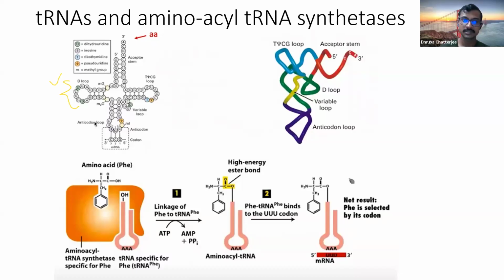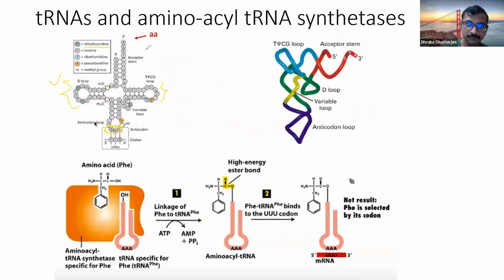This leads to the formation of different structures: the anticodon loop, with the three-nucleotide anticodon sequence, which is a specificity determinant that can specifically bind to a certain codon of the mRNA and incorporate one particular amino acid residue in response. Then there are other loops, the T-Psi-C loop and the D loop, with a predominance of dihydrouridine and inosine.